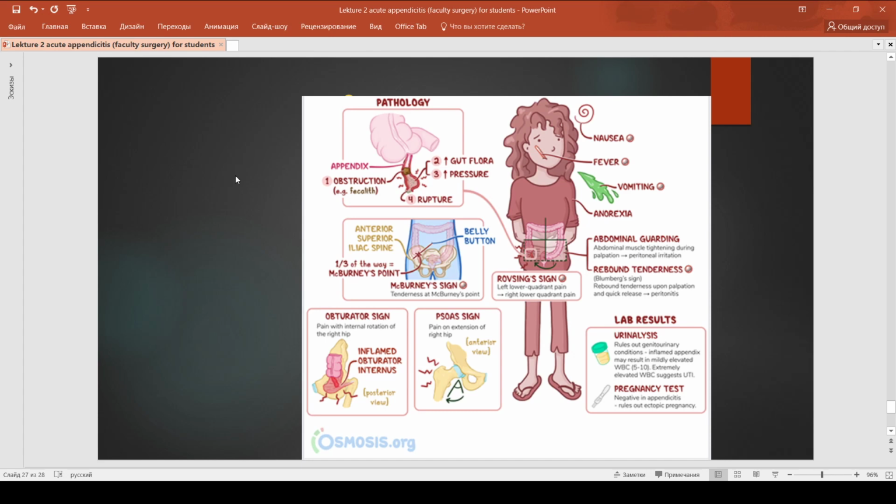Imaging, abdominal CT with intravenous contrast or abdominal ultrasonography, may be considered if the clinical diagnosis is uncertain. The current standard of management of acute appendicitis is emergency appendectomy, laparoscopic or open, and antibiotics.